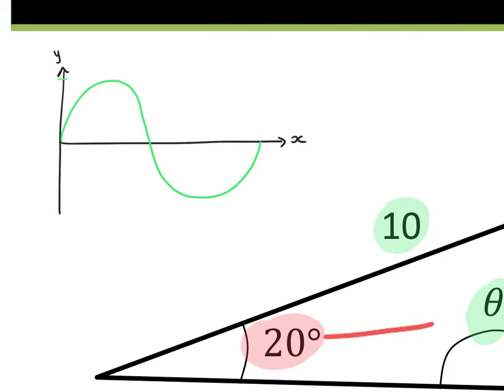This is 1 and this is -1. This point here is 180 degrees. This here is 90 degrees. This is 270 degrees and this is 360 degrees. We should remember drawing the sine graph, okay? Now we're going to be using symmetry.